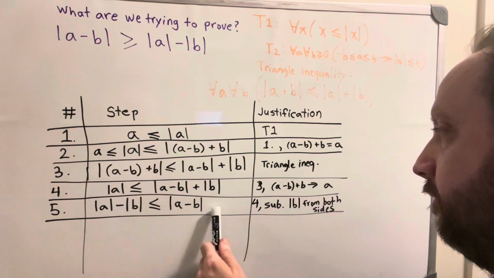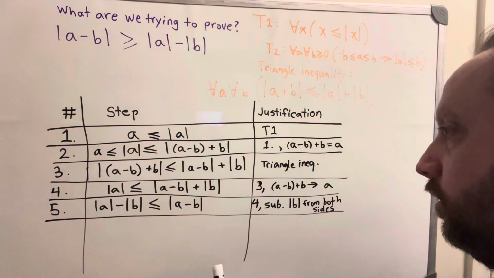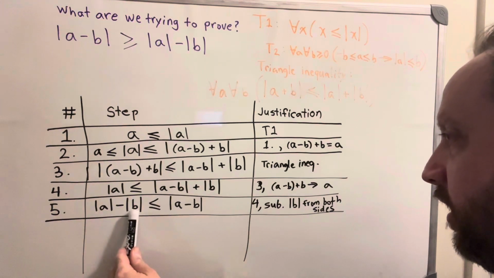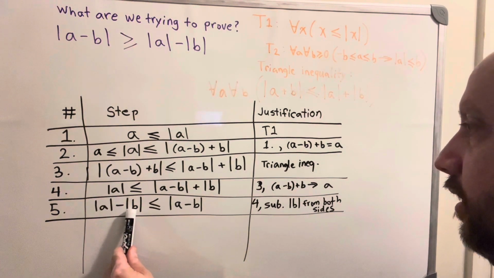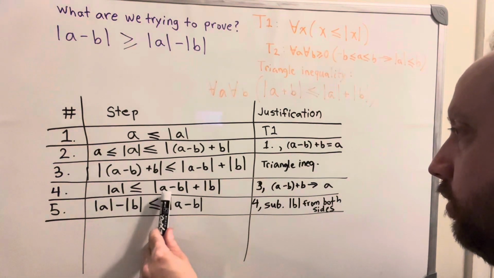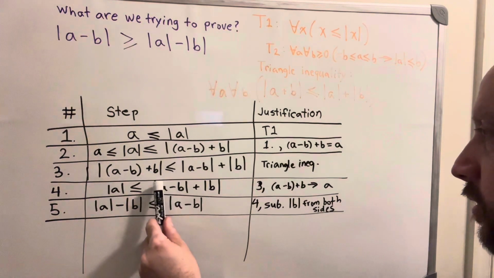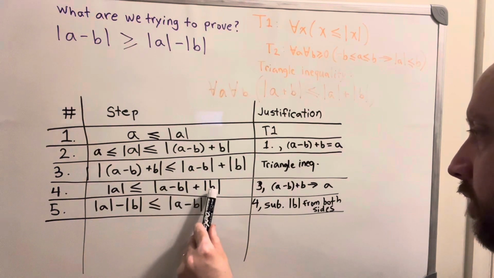Here on line 5, we've taken the inequality on line 4 and we've subtracted the absolute value of B here. So we've got the absolute value of A minus the absolute value of B is less than or equal to, and then this side there was the absolute value of A minus B plus the absolute value of B.